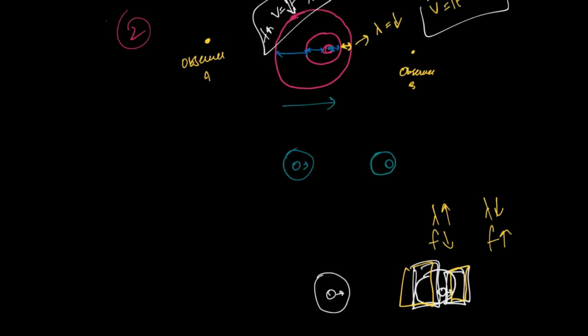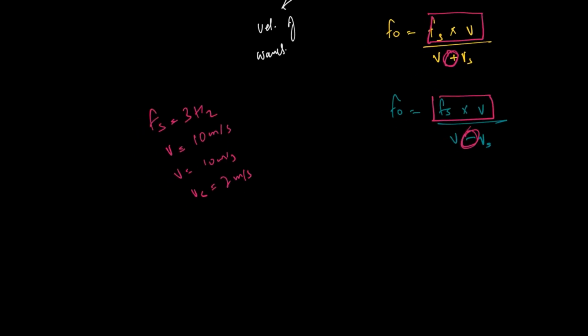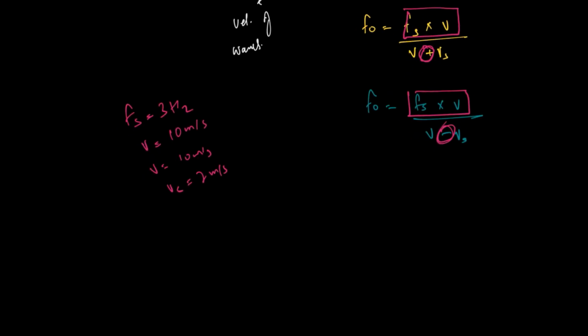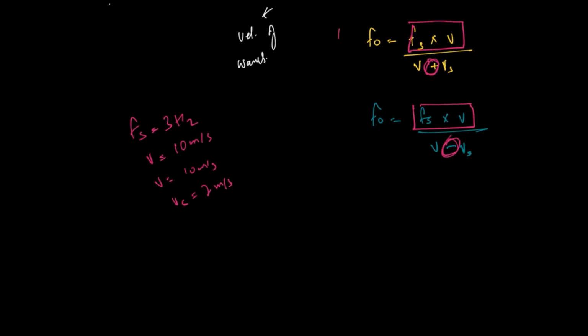What we learned before is that when the source goes towards the observer, frequency increases because pitch increases, and when the source goes away from the observer, the frequency decreases as the pitch decreases. So we would apply the first formula and then the second one.